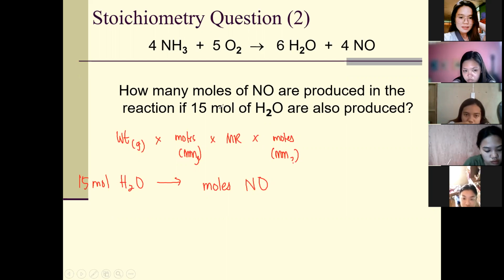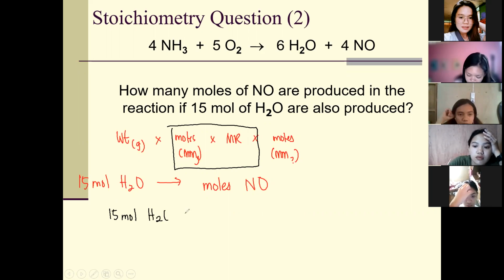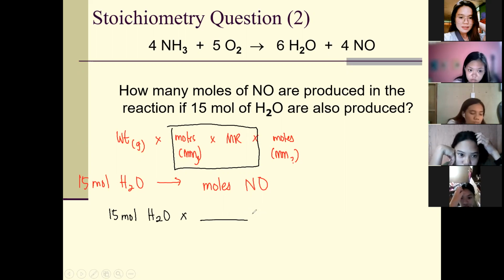And then which part in the pattern are we going to use? Okay. This is moles times mole ratio only. So you don't need the other parts there. Automatic, class. You have 15 moles of water, multiply to the mole ratio. What will be our mole ratio here?